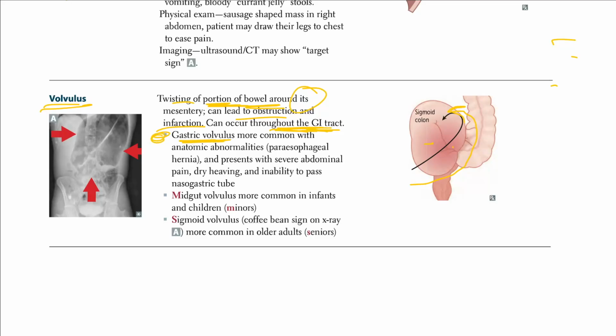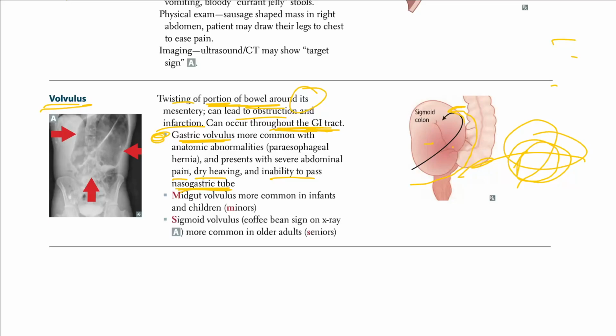Now they're talking about gastric volvulus. It's more common with anatomic abnormalities, for example paraesophageal hernia, and presents with severe abdominal pain, dry heaving, and inability to pass the NG tube. If you have a gastric volvulus, your stomach has twisted around, like let's say it went up through the diaphragm and twisted in a paraesophageal hernia.